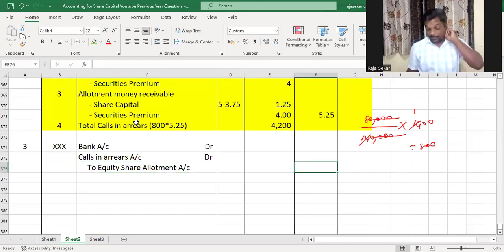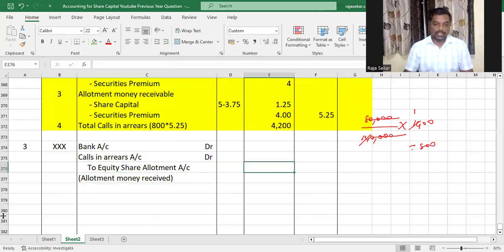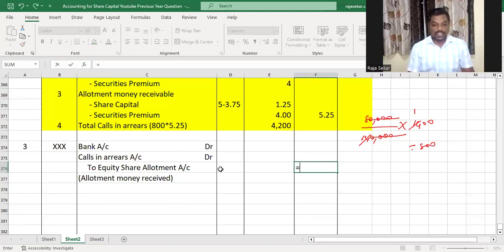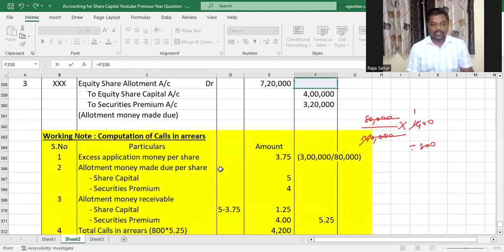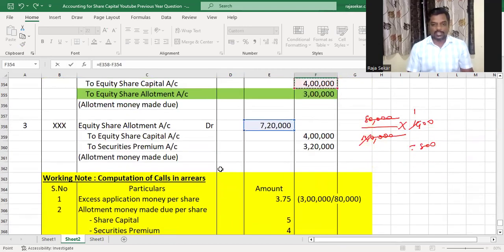Now, as I've already told you, every time you receive a certain call, you have to credit the entire amount due to the call account. Am I right? But if there is excess application money, what do we do? We take the amount due and we subtract the excess application money available.